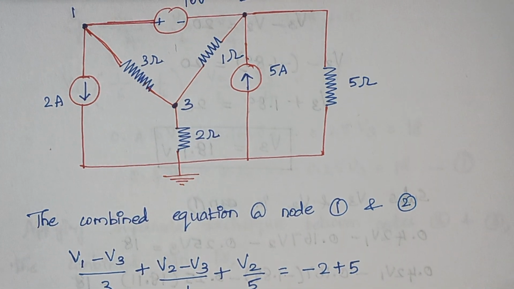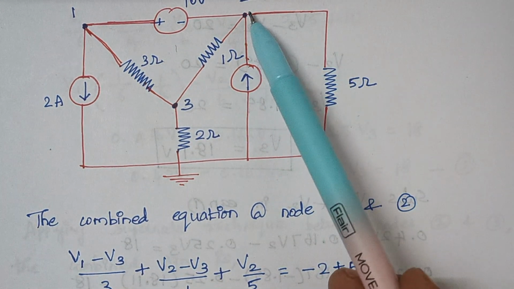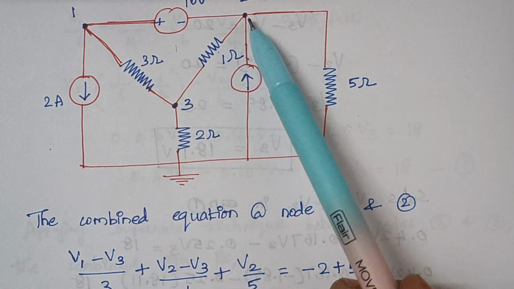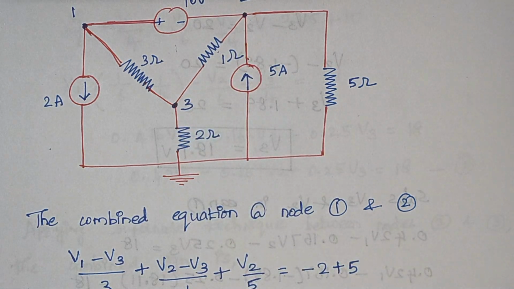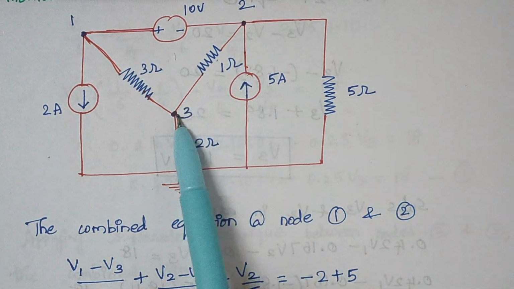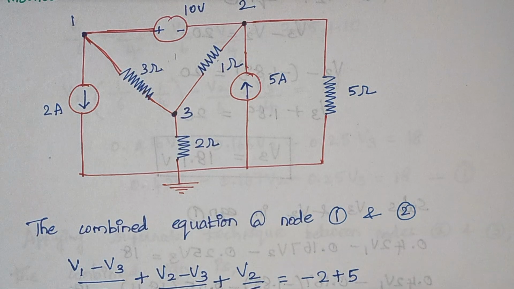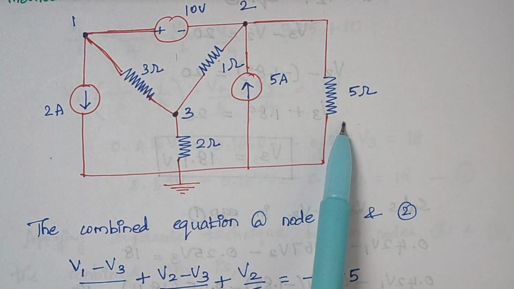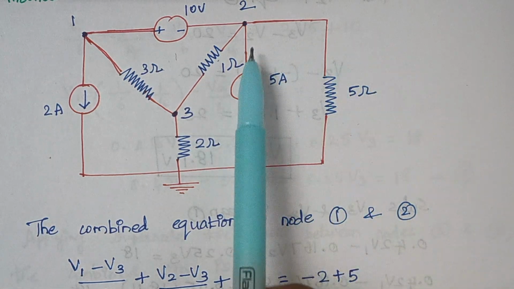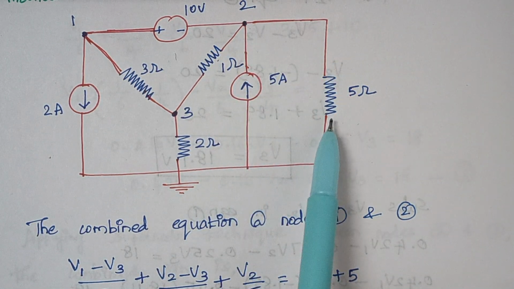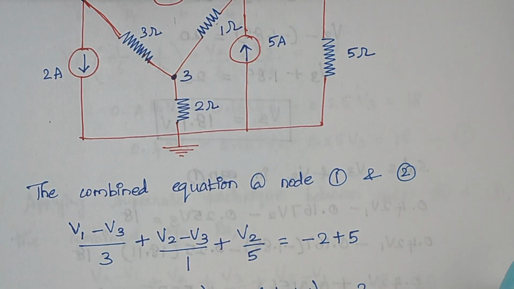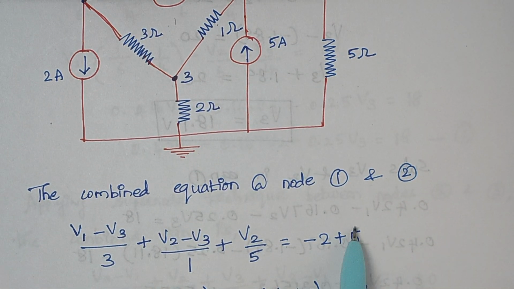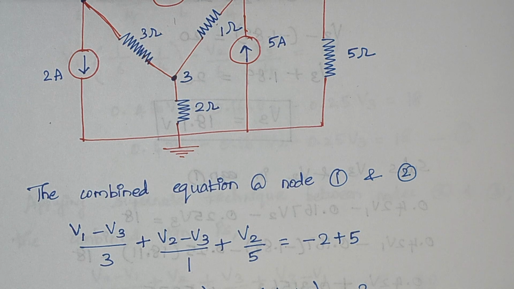The remaining things: a 1 ohm resistor is connected between node 2 and node 3, so we can write this as (V2 minus V3) by 1. And to node 2 a 5 ohm resistor is connected, so we write it as V2 by 5. Finally this is our combined equation at nodes 1 and 2.